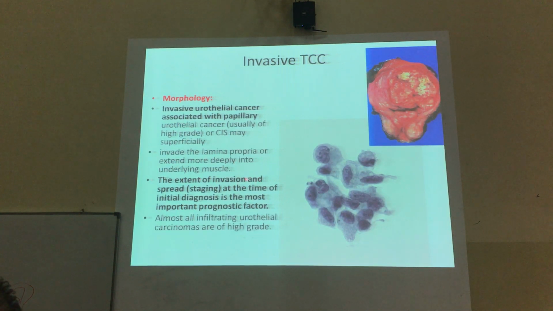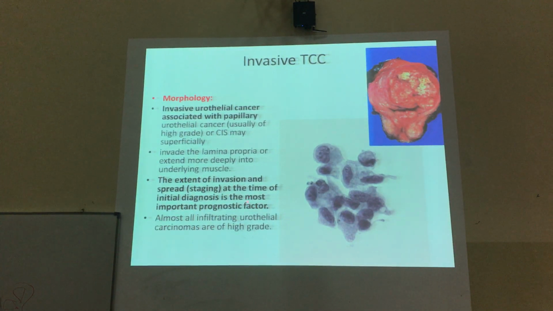The extent of invasion and spread, the staging at the time of initial diagnosis, is the most important prognostic factor. If there is no invasion, the prognosis is good. If there is invasion or spread, the prognosis is very bad.